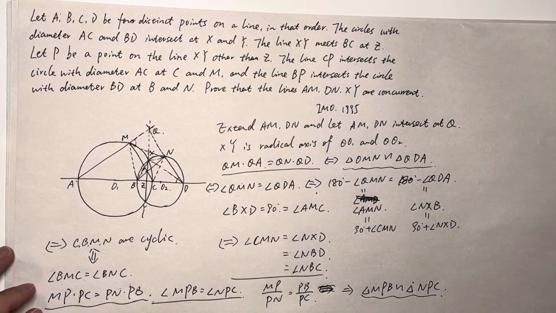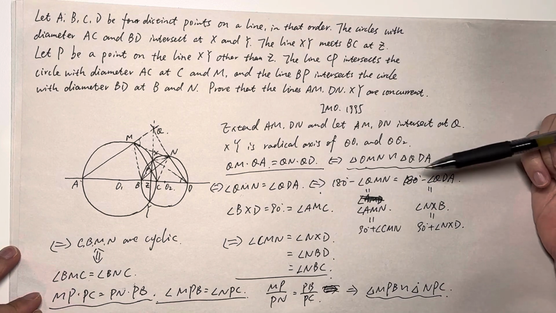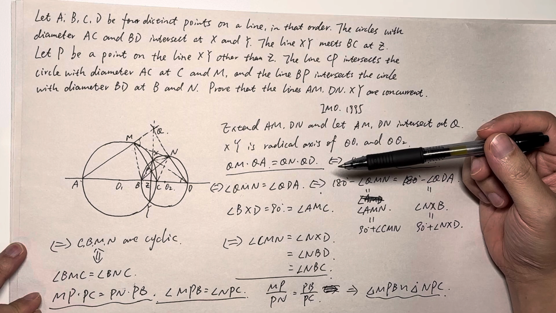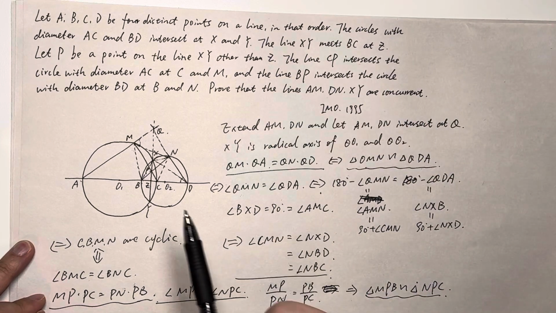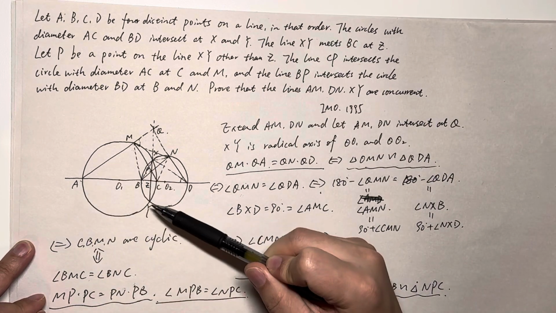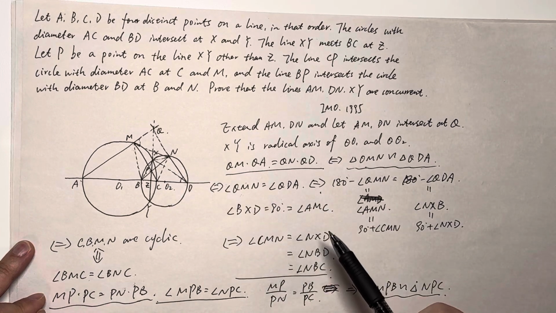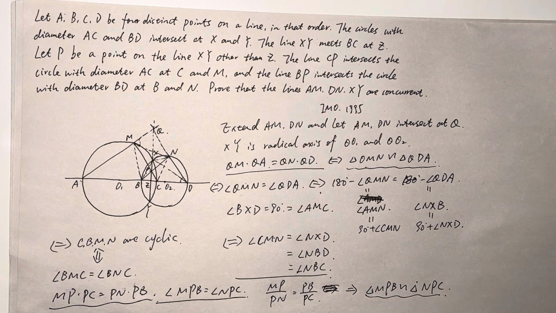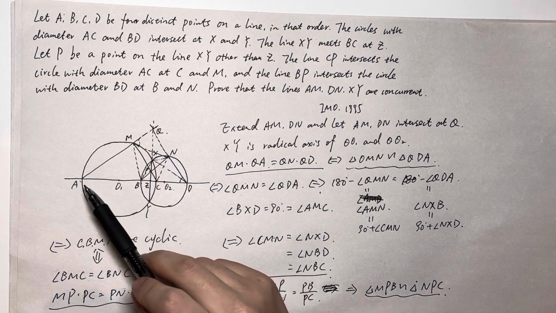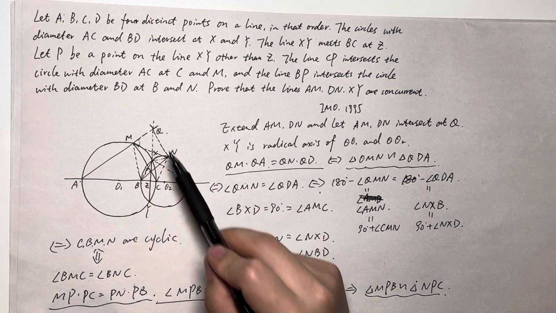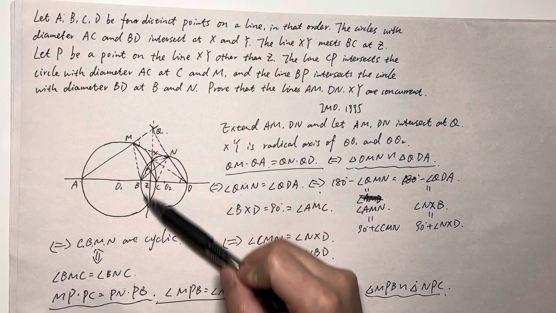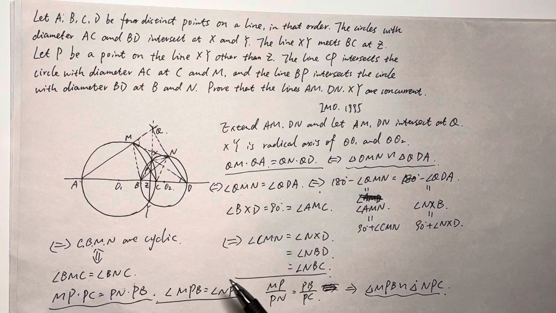The whole idea here is that we transfer the target. From the beginning we want to prove AM, XY, ND to be concurrent, right? Based on that, we need to find a way to write down a formula. The way is that we find the intersection point of AM and DN first, that is Q. And we just need to prove that Q is on XY, because XY is so special.